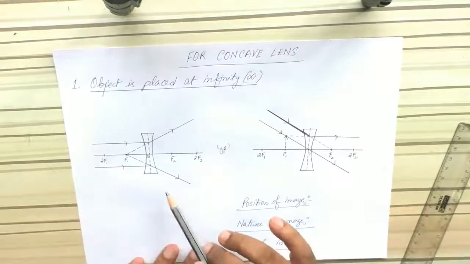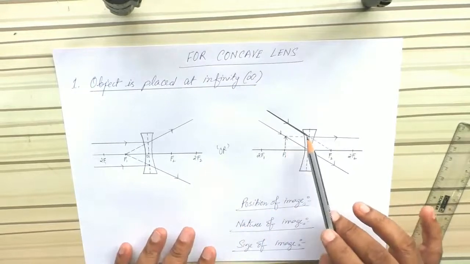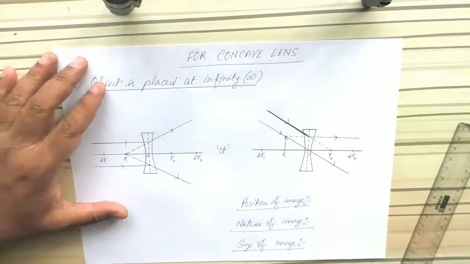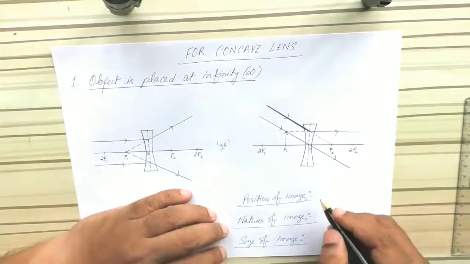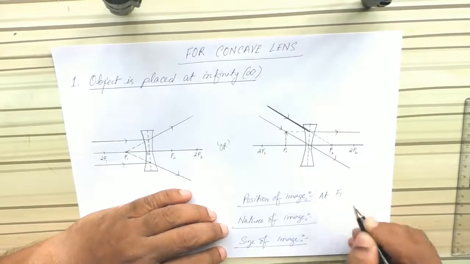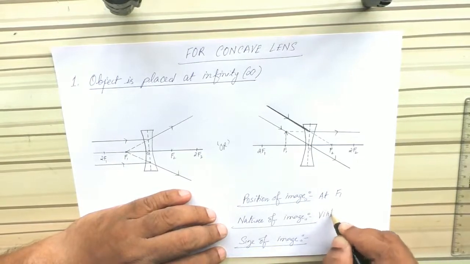So this one is a bit easier, and in the second one the incident rays are not parallel to the principal axis. So if I ask you, in this case, if object is placed at infinity, what is the position of image? Image is formed at focus f1. Nature of image is virtual and erect.